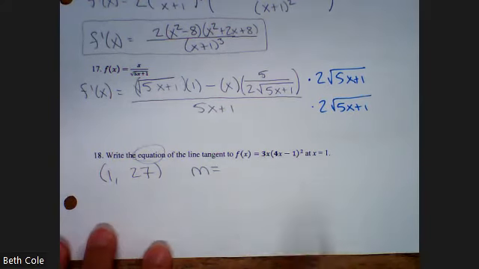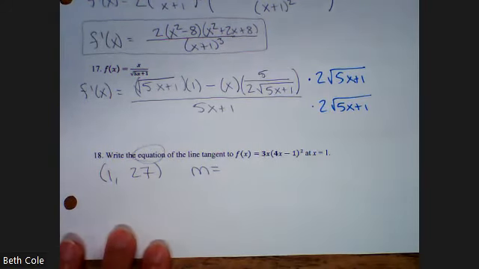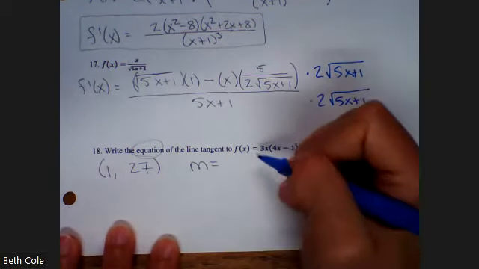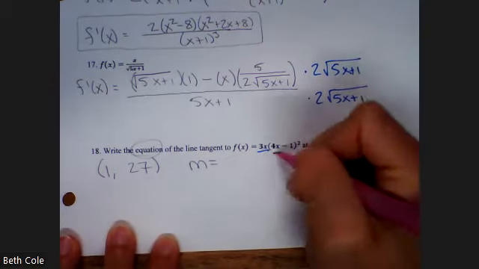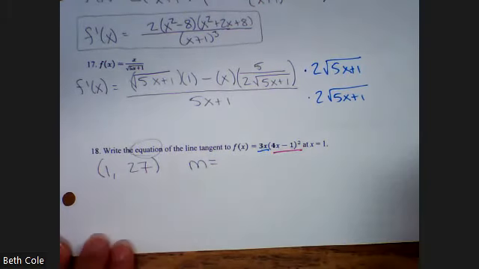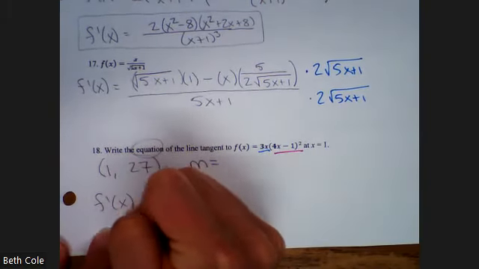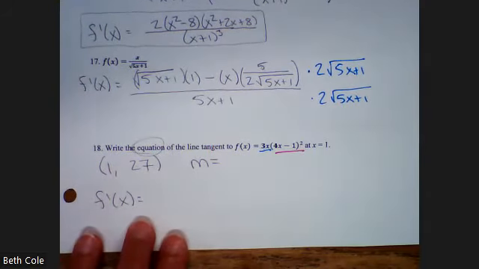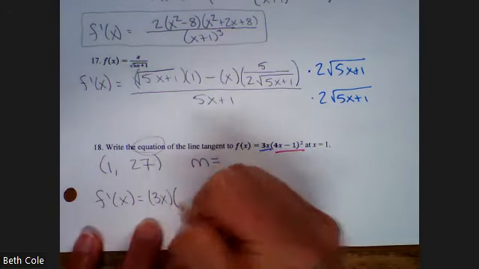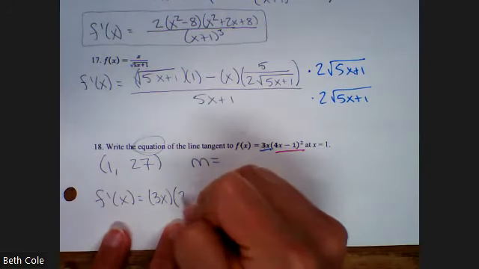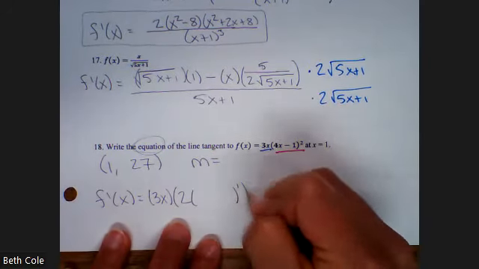All right. What rule do we need? Well, we need chain rule, but what other rule do we need for this product? The 3x is the first thing. The 4x minus 1 squared is the second thing. All right, let me see if you guys can tell me. Derivative, what's going to be first? 3x, good. And then when you do the derivative of this, you're going to bring the 2 down, drops to a 1.